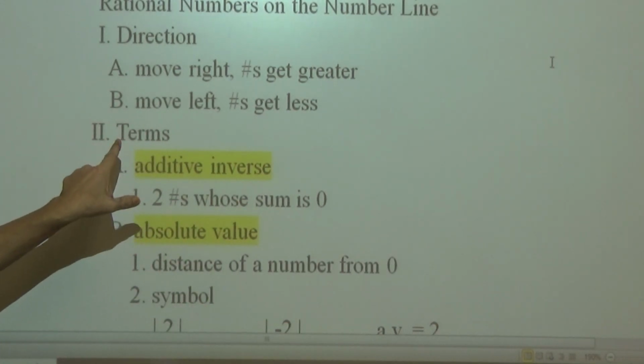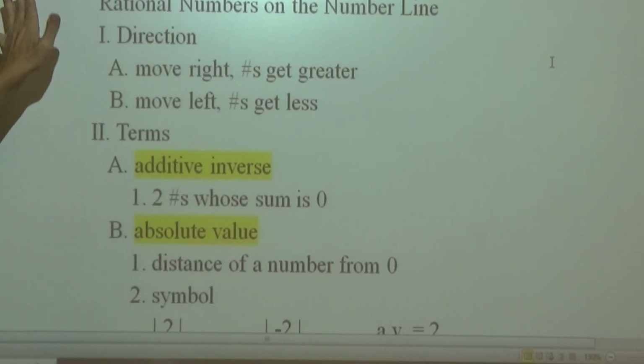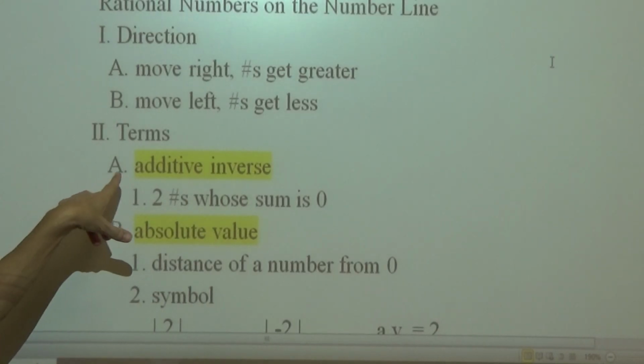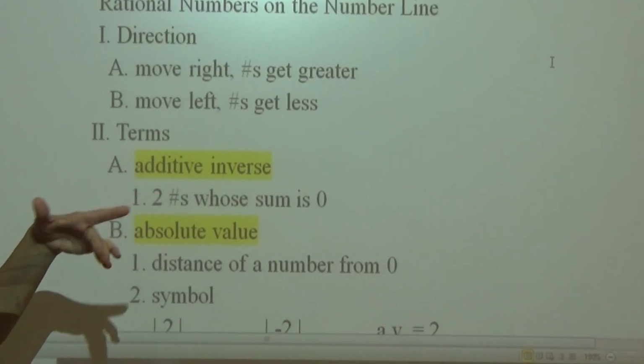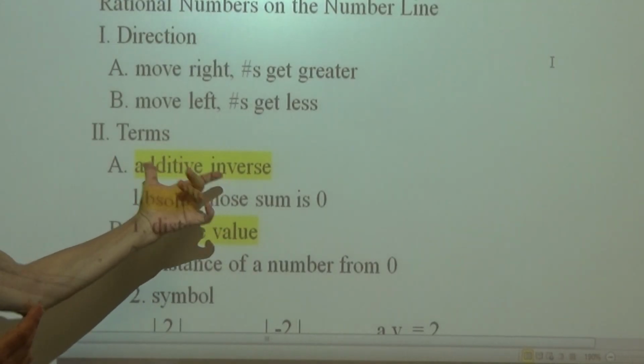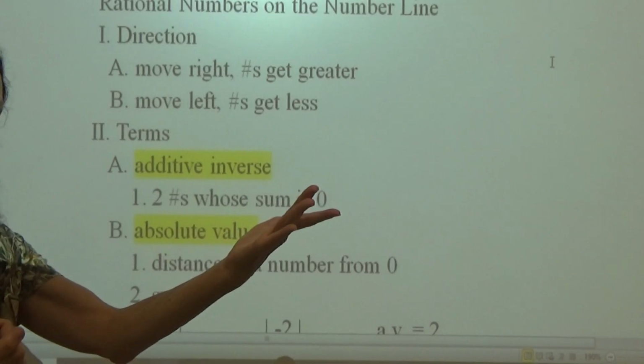All right, so some terms to know that go along with rational numbers, and you'll be seeing these as we move through math. The additive inverse. Now, additive, so we're talking addition. Inverse, opposites.